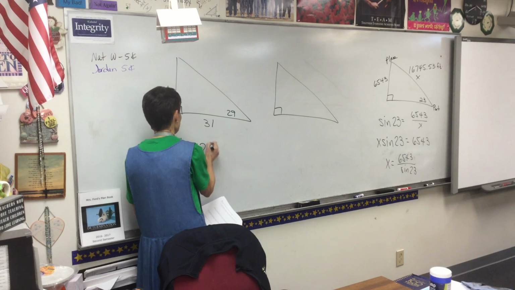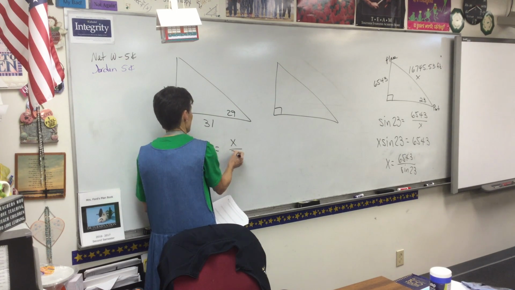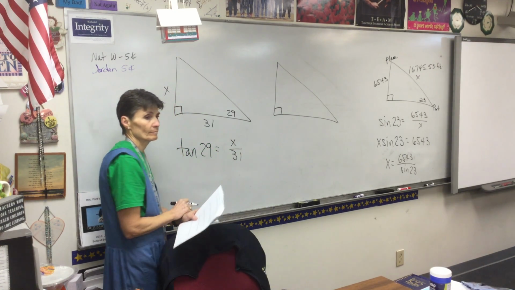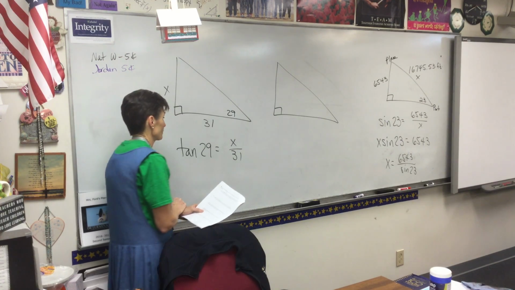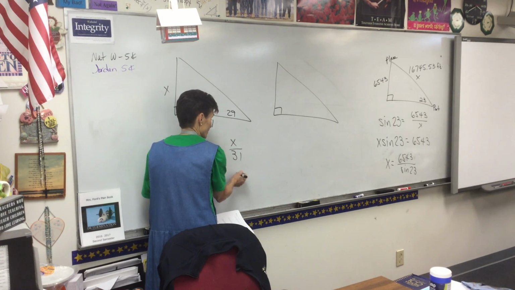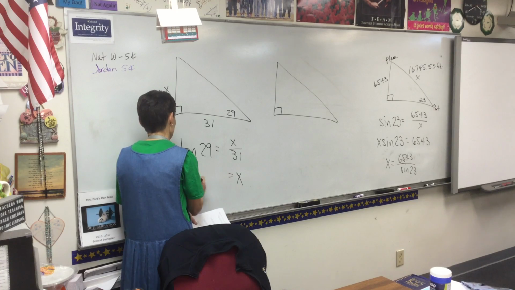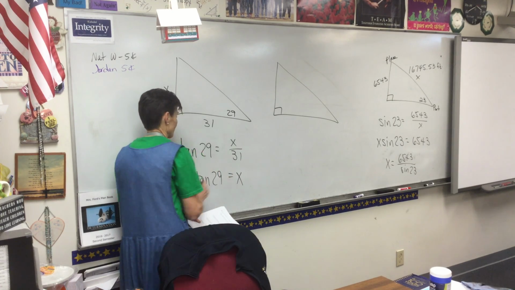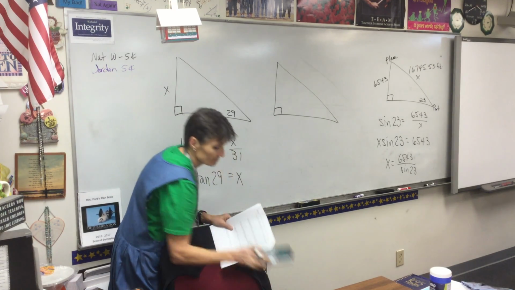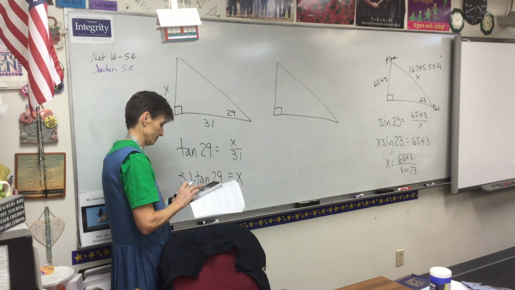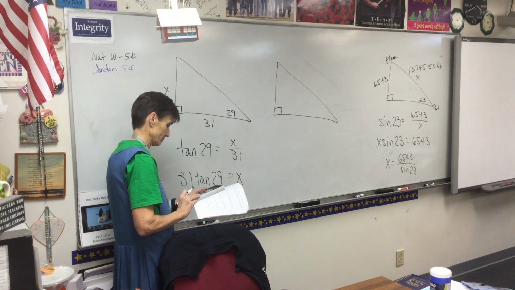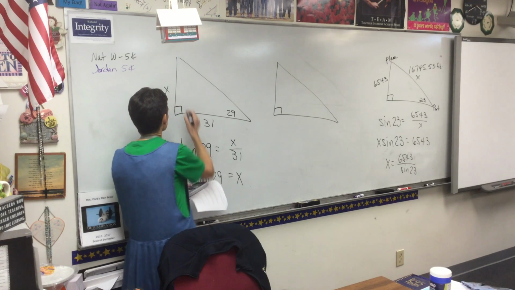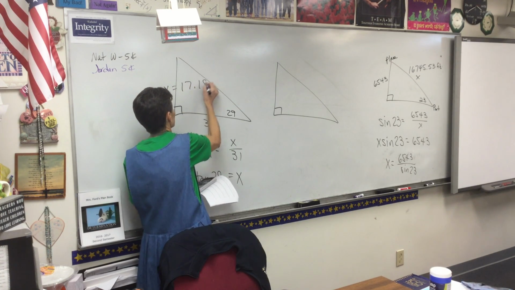Tan 29 equals x over 31. Did you say divide? No, multiply. There we go. 31 tan 29. 17.18, and that would be feet.